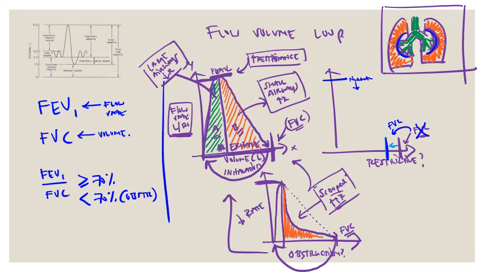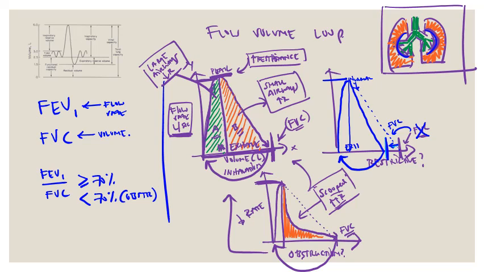And here what you will see is essentially a squashing of the entire normal flow volume loop. So you'll have a precipitous rise of those large airways, which are okay, and then what will happen is that this will be smushed, whereas normally it would have been more to the right, and then the inhalation will happen.